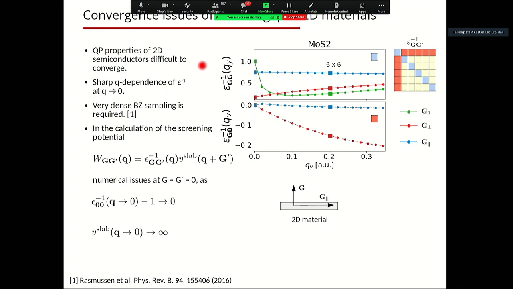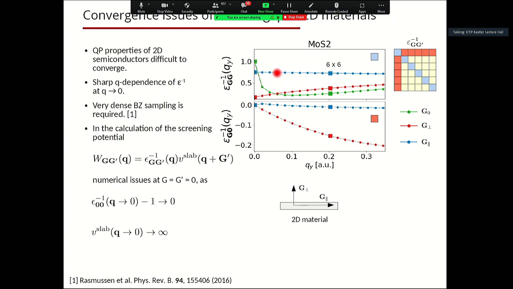As we can see here, this behavior originates from several reasons. First of all, the sharp behavior of the G prime equals 0 element of the inverse dielectric function. Then also those matrix elements which are orthogonal to the periodic directions are quite dispersive.